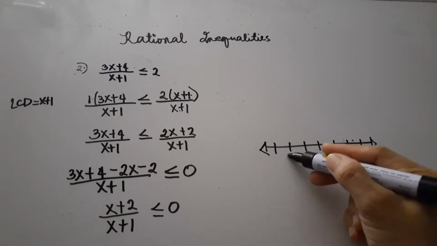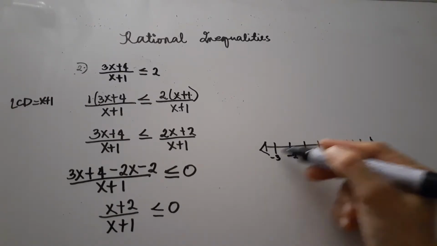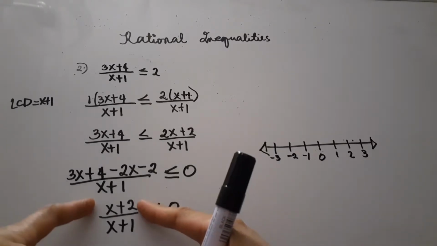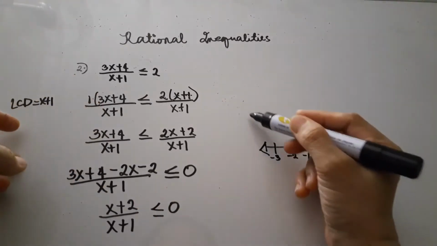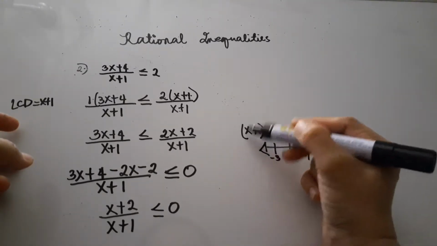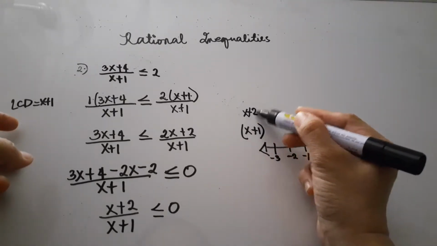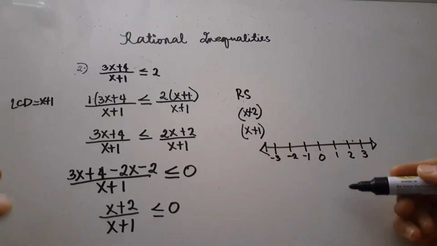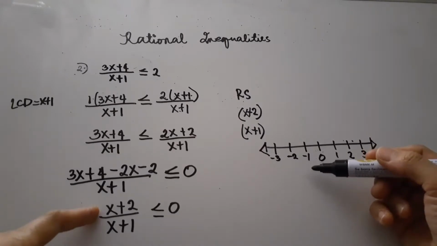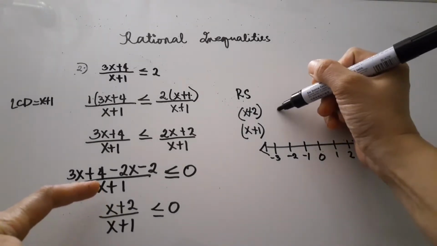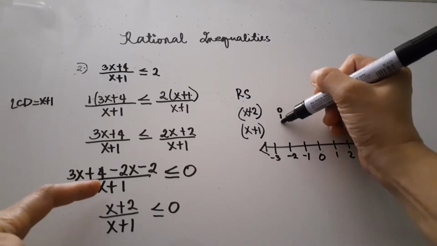So we need to show its factor first. So we have x + 2 here, and x + 1. And then the resulting sign. If x + 2 is equal to 0, then x is equal to negative 2.